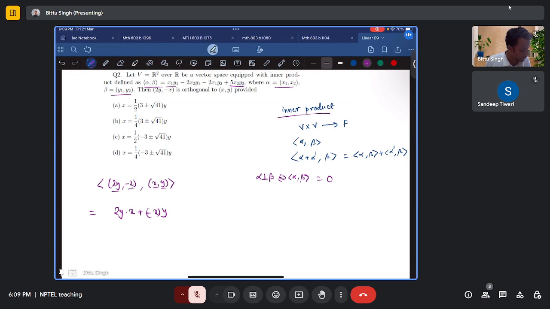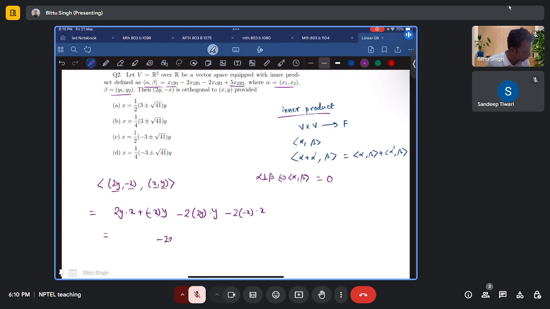Let me check. Then minus 2 x1, that is the first component: 2y times x, 2y times y, and then minus 2 times minus x, and then again x. So this is the same as 2xy and minus 4xy.